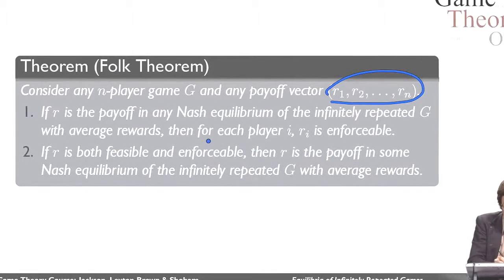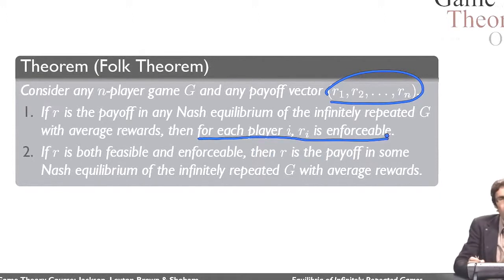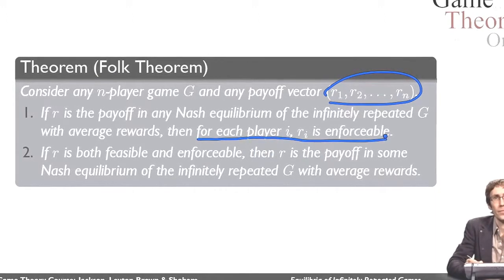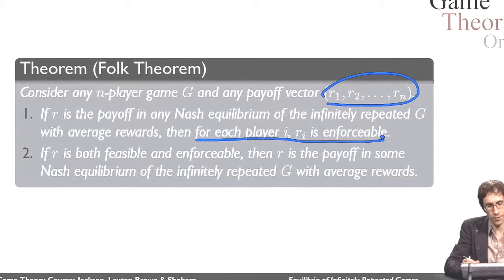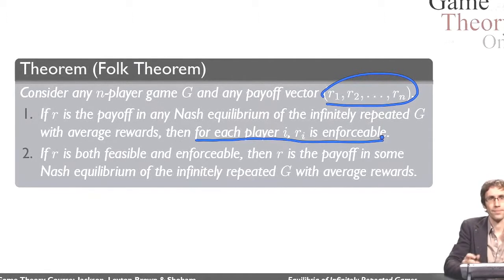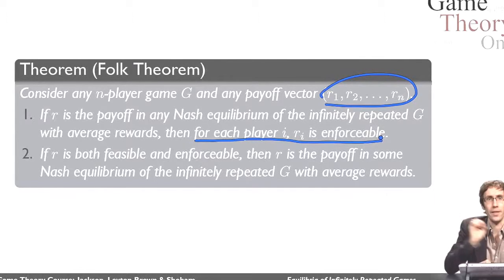What we conclude is that for every player, R has to be enforceable. Remember, enforceable means greater than or equal to that player's min-max value. So if R is the payoff in an equilibrium of the infinitely repeated game with average rewards, then for everybody, R must be enforceable.